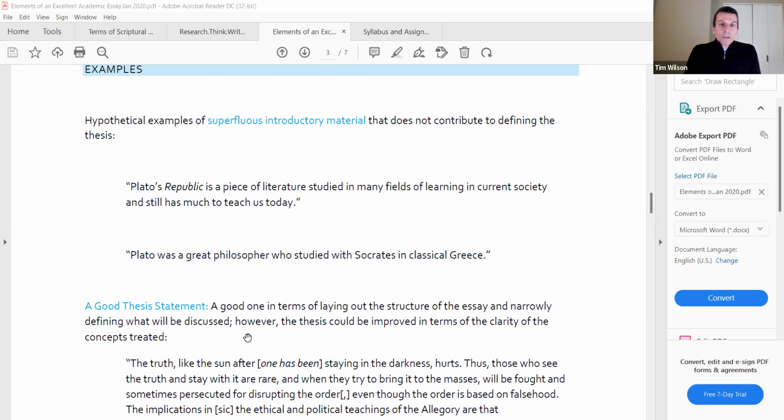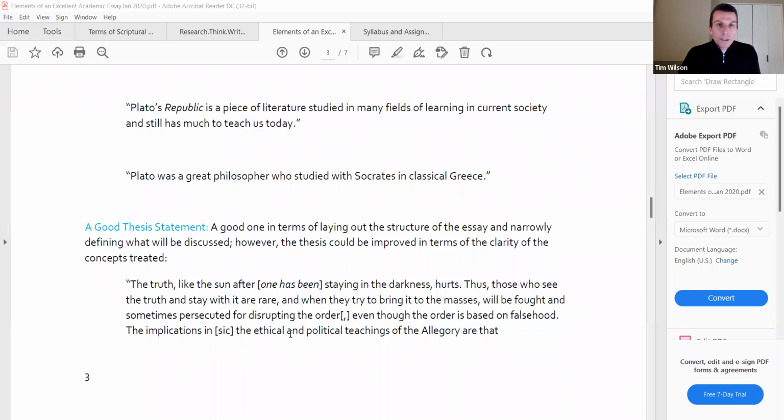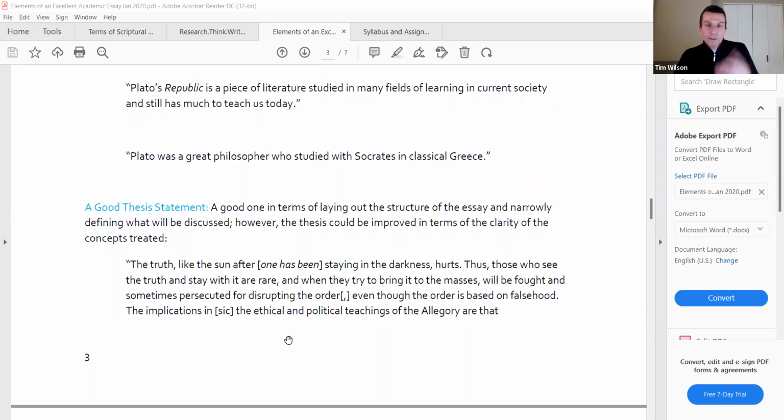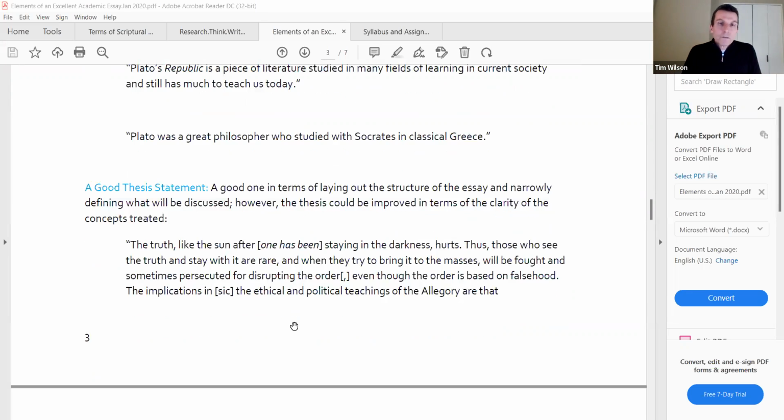Okay, so here would be an example of a good thesis statement, although certain aspects of it could be improved. I took this, as I said, from a student. It could be improved in terms of its clarity of concept. "The truth, like the sun after one has been staying in the darkness, hurts. Thus, those who see the truth and stay with it are rare.